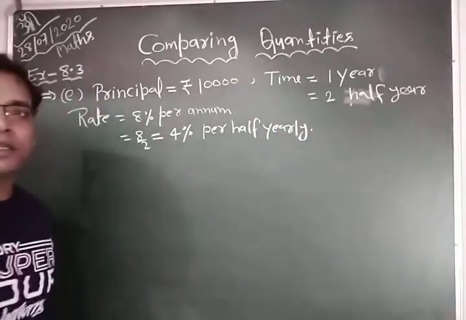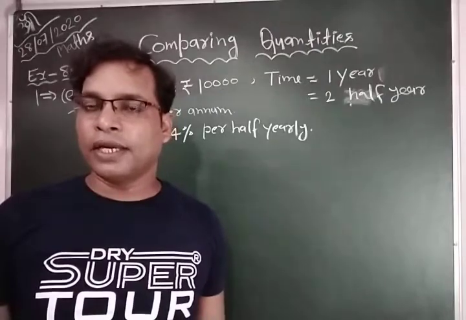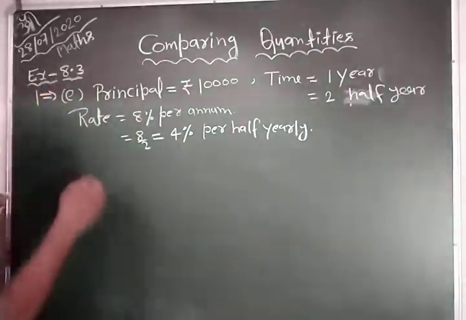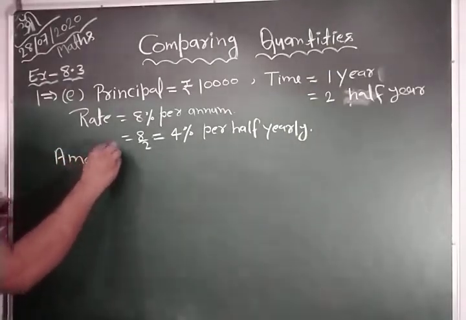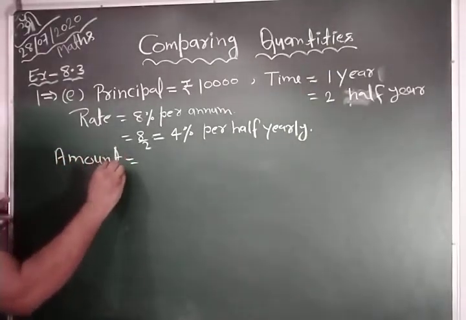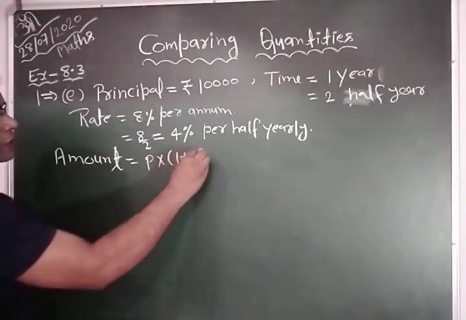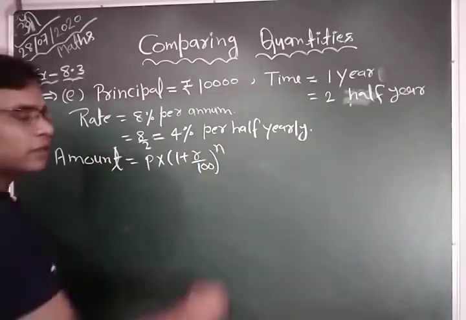Okay, so now we are going to find amount. So amount is equal to P into 1 plus R by 100 to the power n.